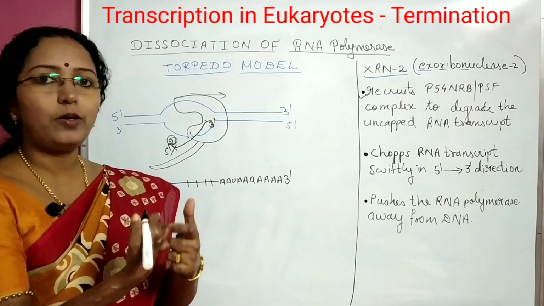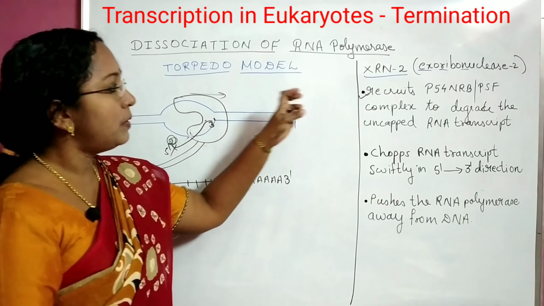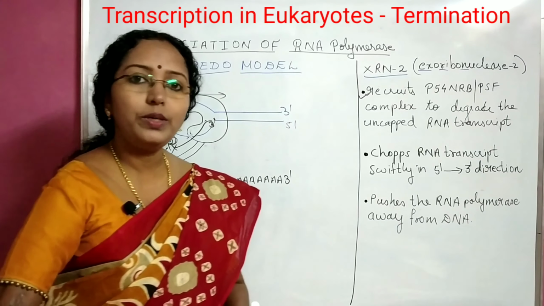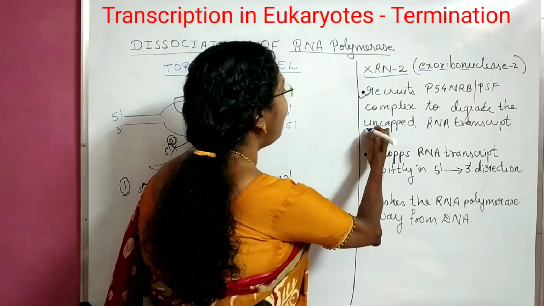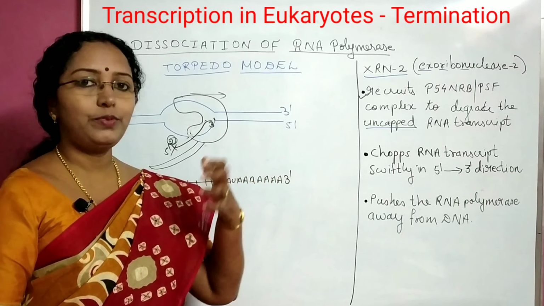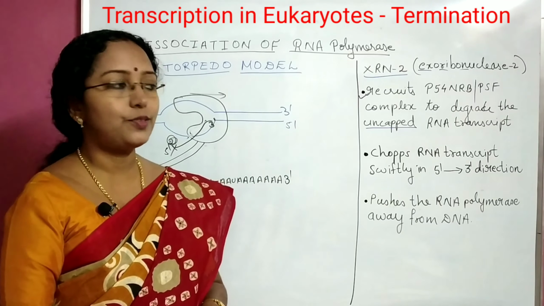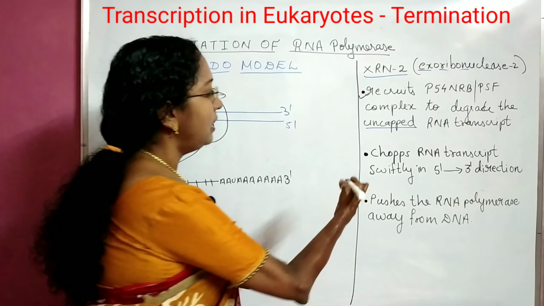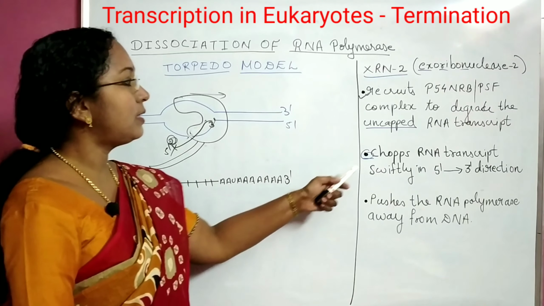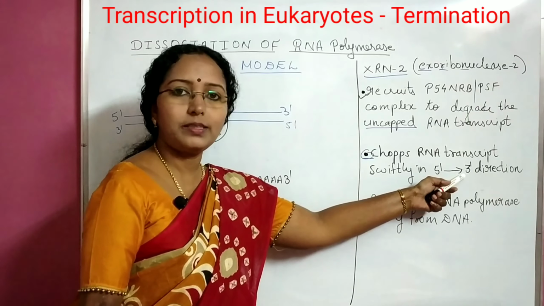This is an enzyme complex recruited by XRN2 enzyme. This complex comes and finds the uncapped RNA transcript, the one which is not having that cap, the one which is coming without protection. And what it does is it starts chopping, keeps on cutting that RNA which does not have this cap, in the 5' to 3' direction.